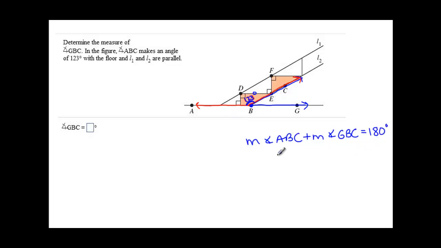We know that the measure of angle ABC is 123, plus it's unknown what the measure of angle GBC is, but we know that their sum needs to be 180.